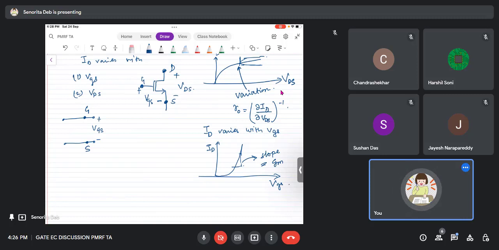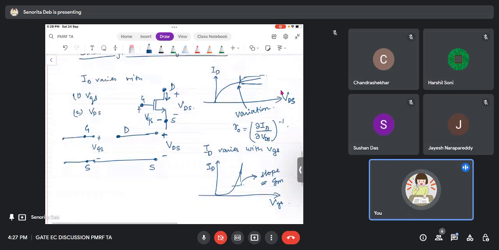And then we are going to model the current ID which is flowing at the output, drain to source. Here we have the drain terminal, which is not connected to the gate in any way, as you can see in the symbol. But the source can be extended like this, because the entire thing is the source path. Now this is the drain to source voltage, VDS.